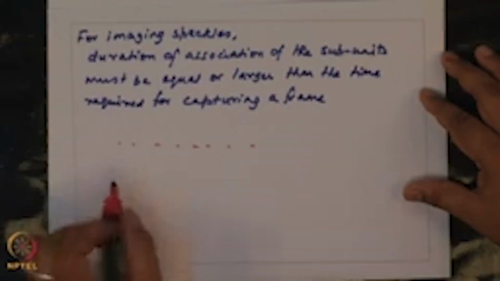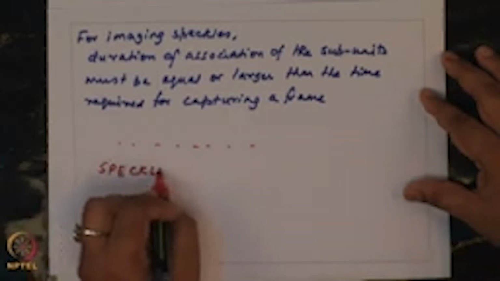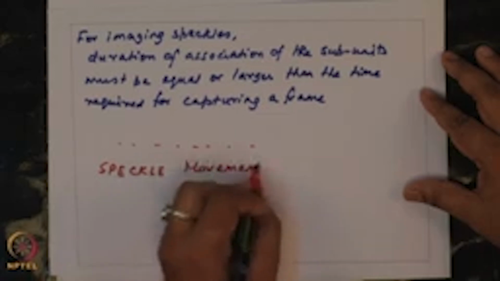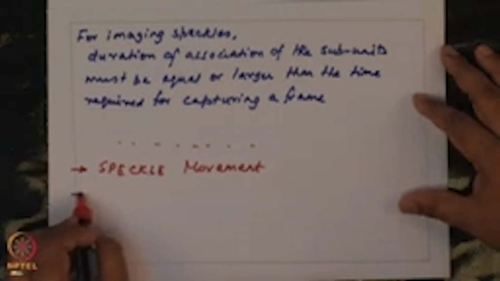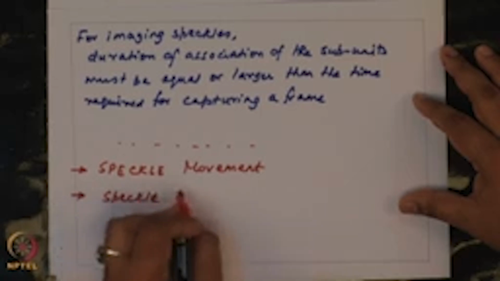But once you see this speckle geometry, there are two pieces of information that you can determine from this. You can track each speckle and you can track speckle movement, and you can track speckle size.